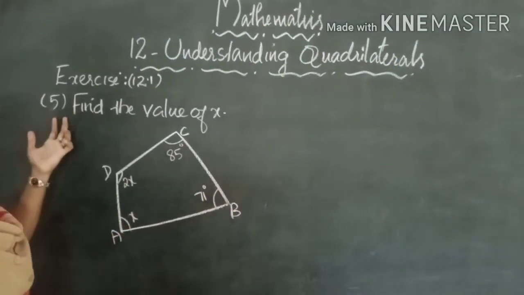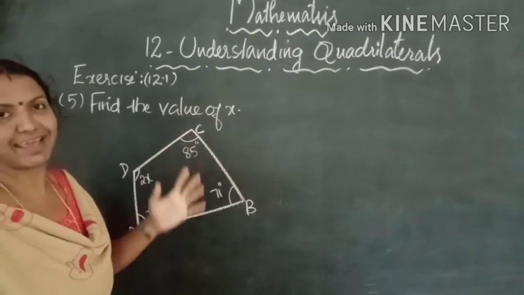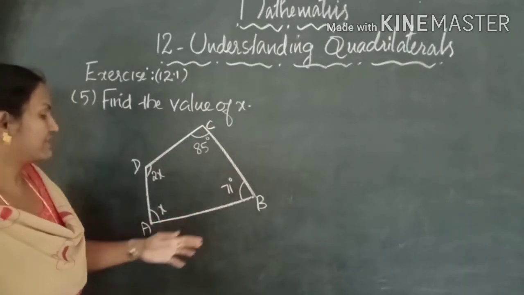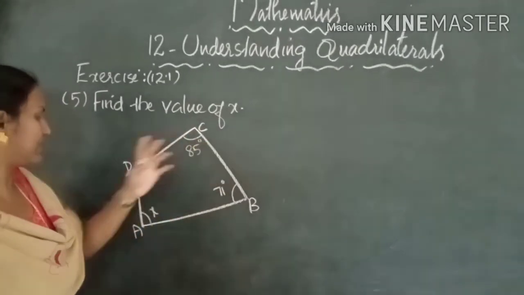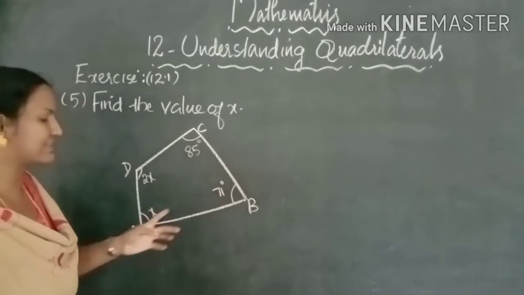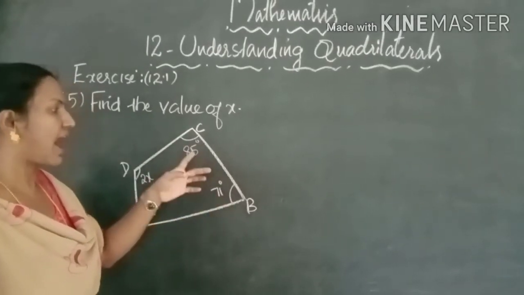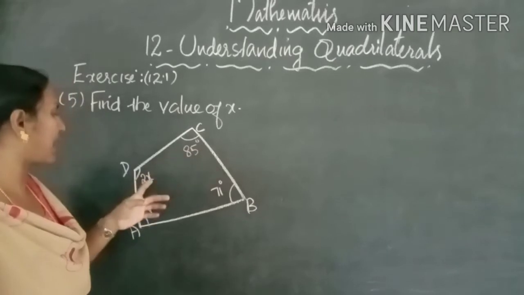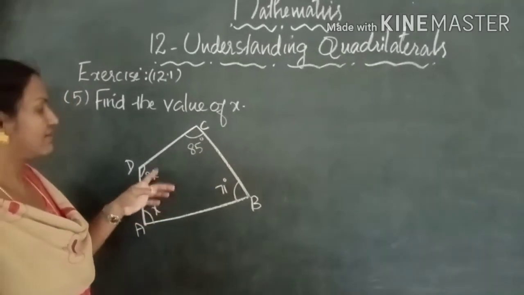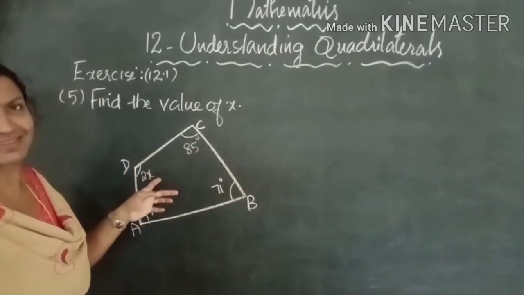Next, question number 5. Find the value of x. It is given A, B, C, D. Here angle A is x, angle B is 71, angle C is 85 degree and angle D is 2x. We have to find the value of x.